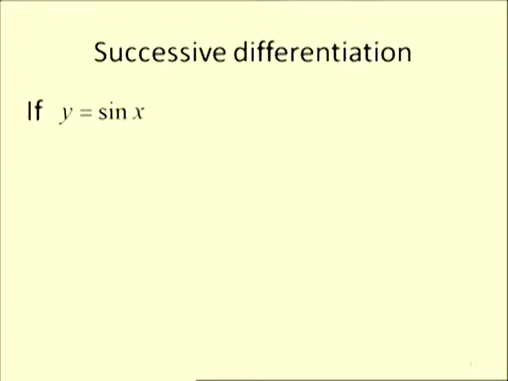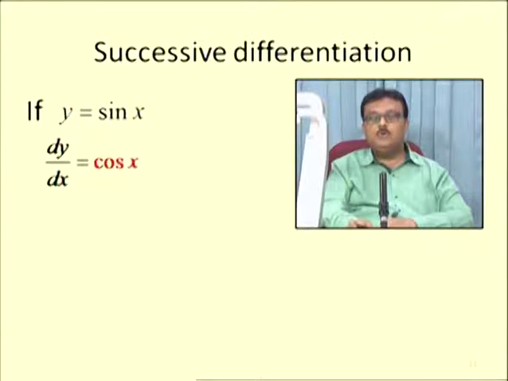The function I have taken is y is equal to f(x), sin x, and if I differentiate sin x with respect to x, that is dy by dx, it is equal to cos x, the derivative of sin x. Now to get the second order derivative, that is d2y by dx2, we differentiate the first order derivative, that is cos x, with respect to x.